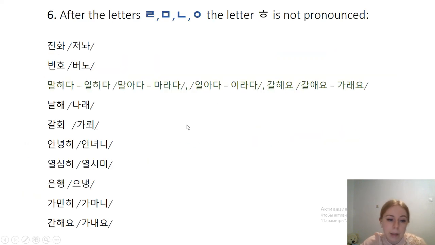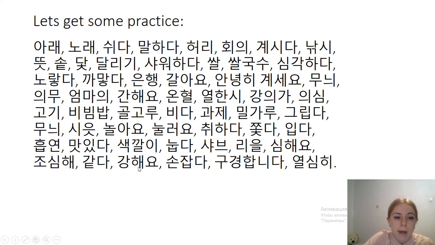Here is an example. 맛있다. S in 받침, double S in 받침 before the consonant, we read it like 드. 맛이. But here we read it like 드. So 맛있다.